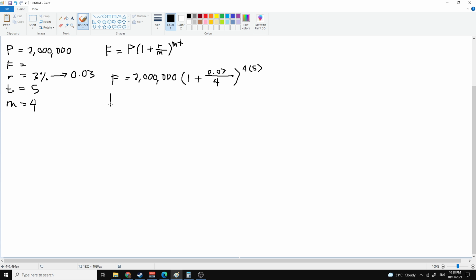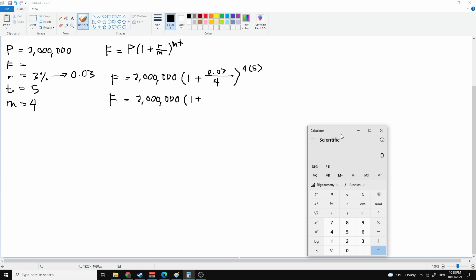So now we have all of our variables in place. So all we have to do now is just solve for it. So now we have this, right? So now I have this. And 1 plus 0.03 over 4. Okay. So we're going to have to split that into 4.